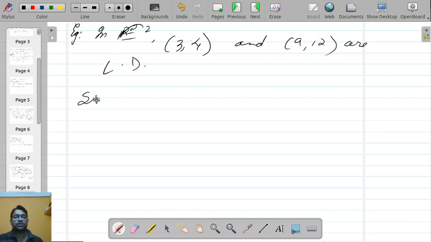So how will you show this? For small vectors, these are quite simple. See, this is (3, 4), this is (9, 12).